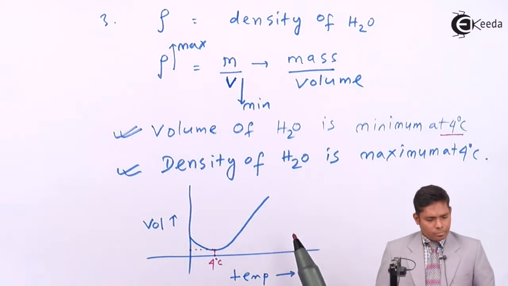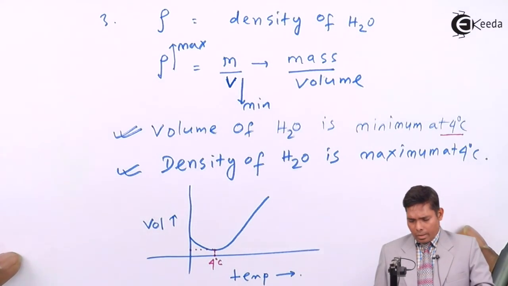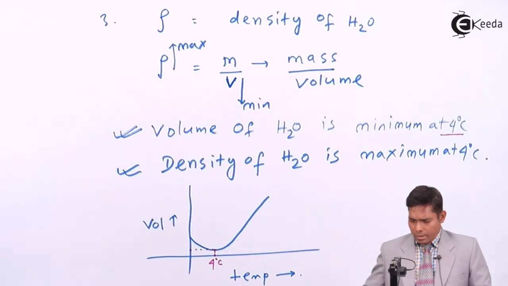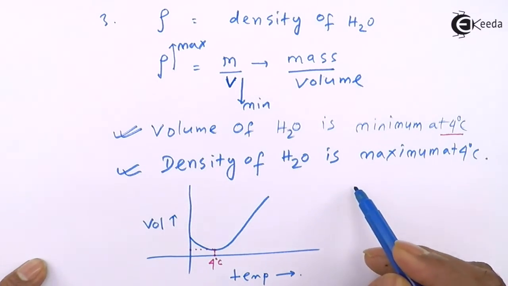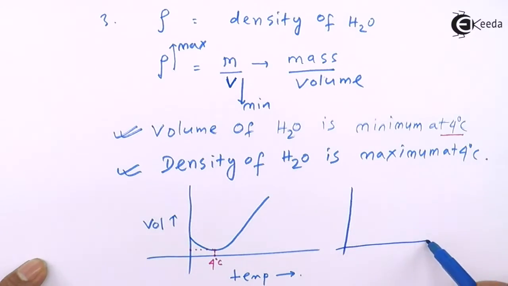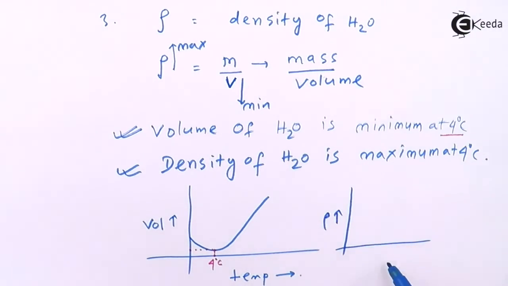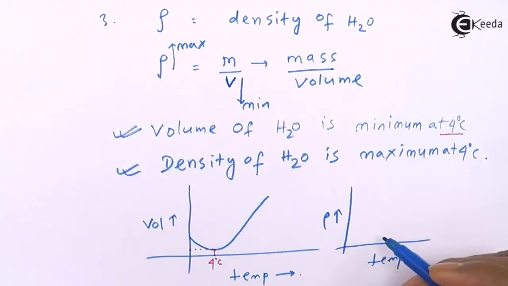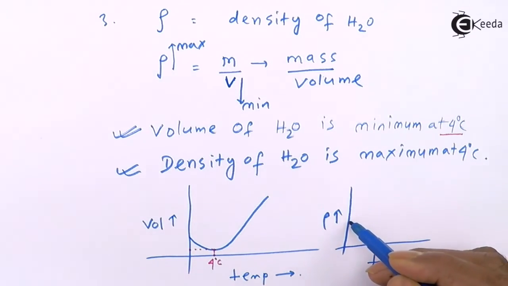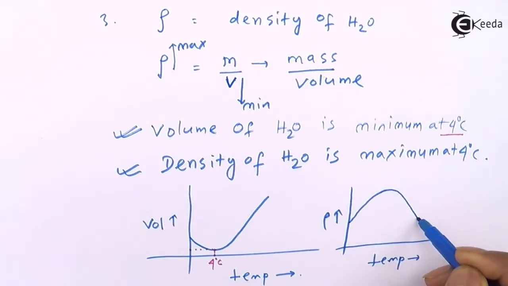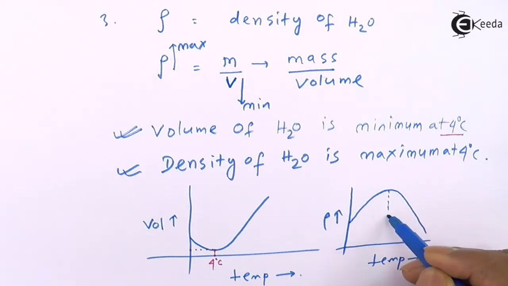And if I have a graph of density versus temperature, then at the same temperature of 4 degrees centigrade, the density becomes maximum, so I will have a graph something like this.